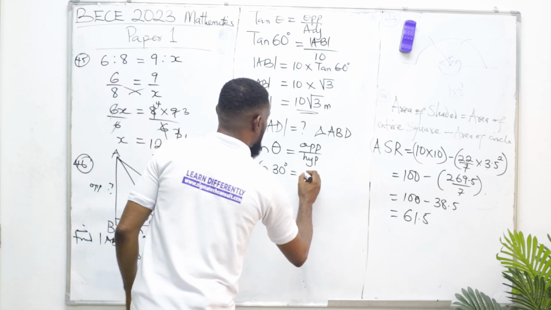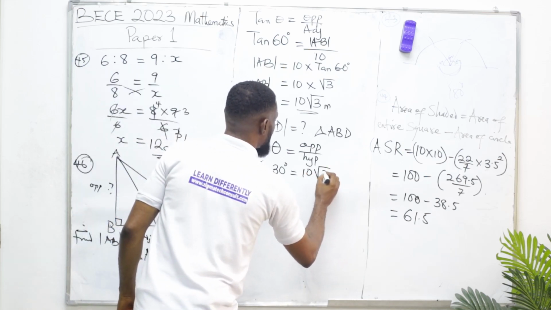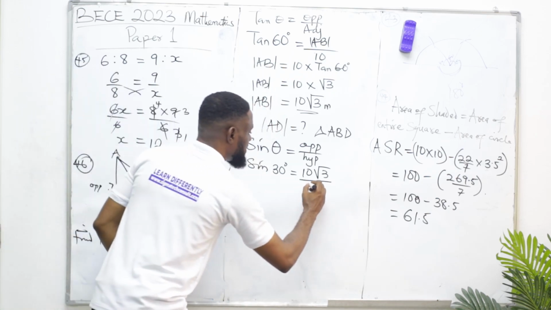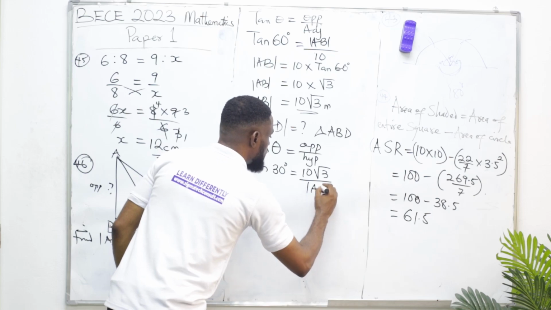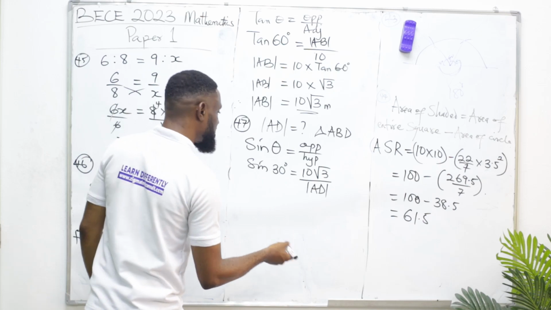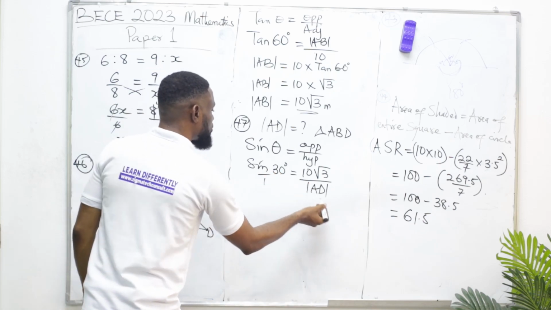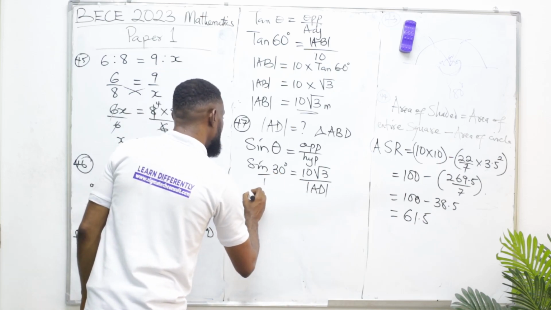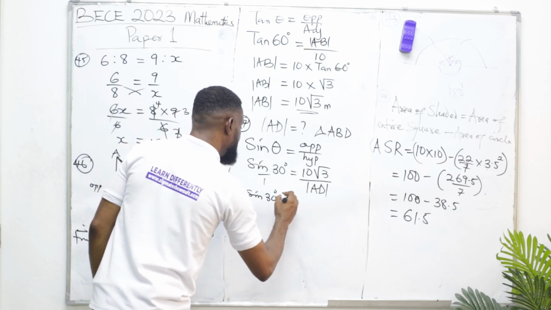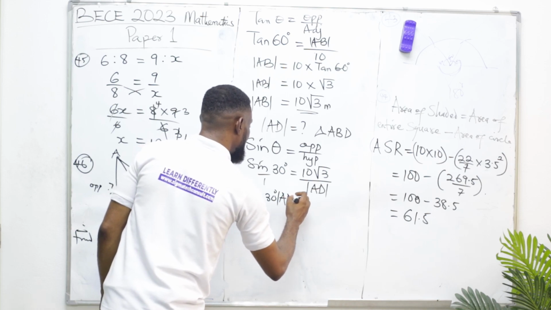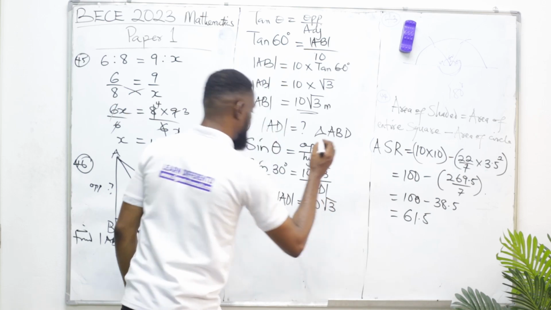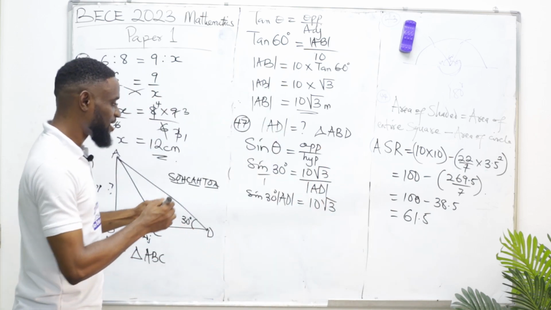So this will now be 10 root 3 divided by, what did they ask us? AD. So divided by AD. Is that correct? That is correct. So if we cross multiply this over 1, this will be sine 30 degrees times AD is equal to 10 root 3.